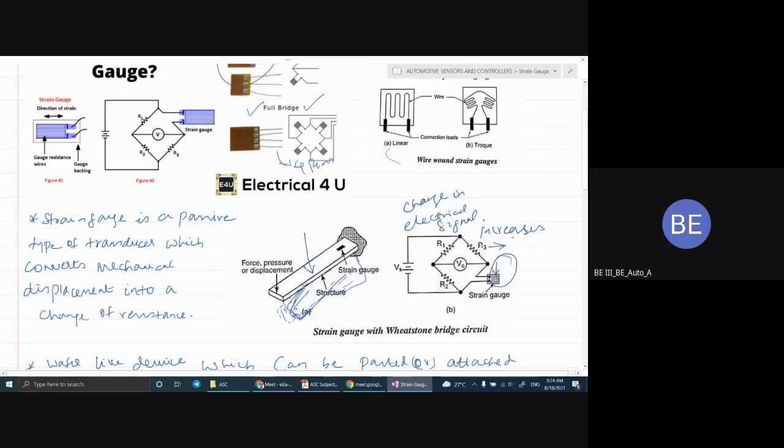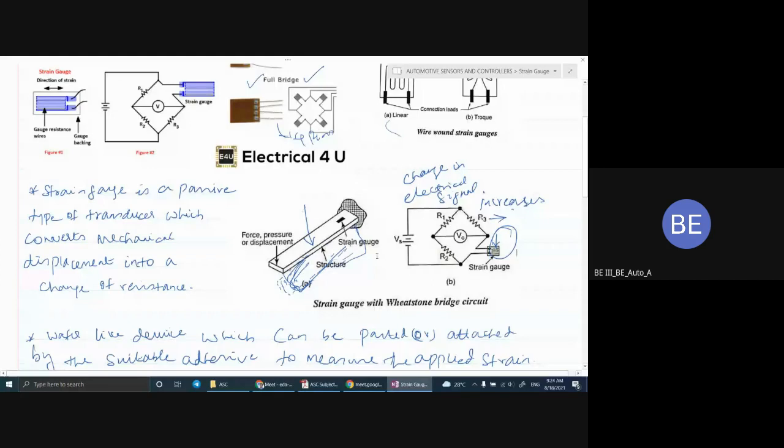This change in resistance is usually less than 0.5 percent. Is it clear? Now, the change in resistance per unit length is called what?